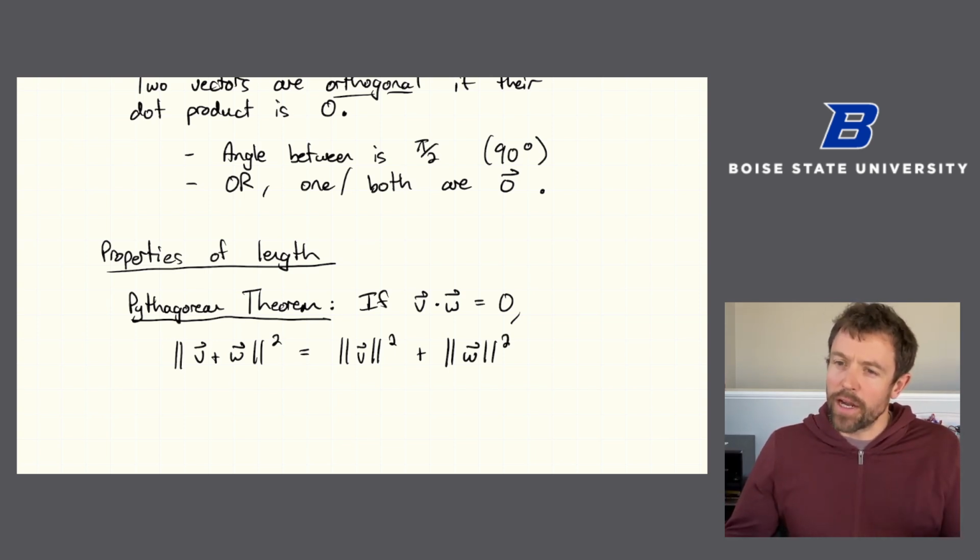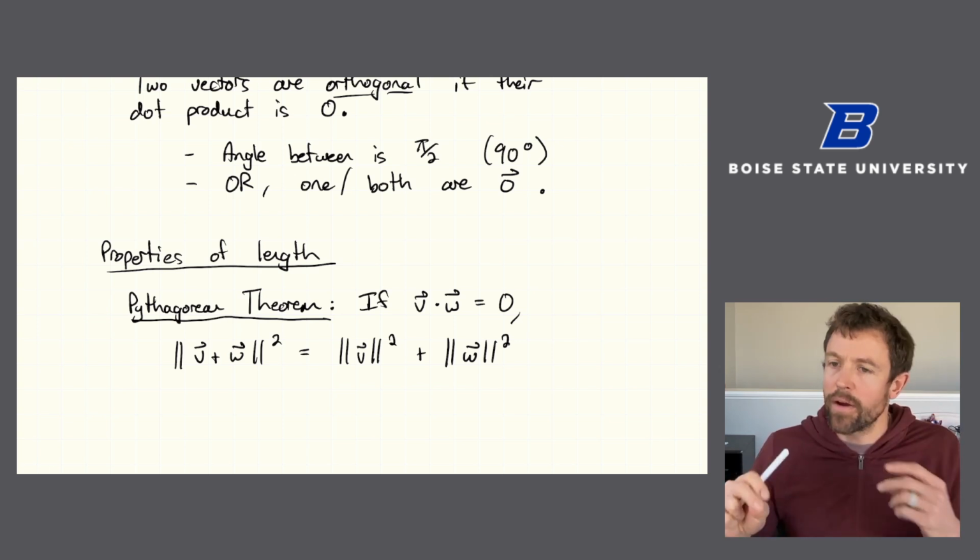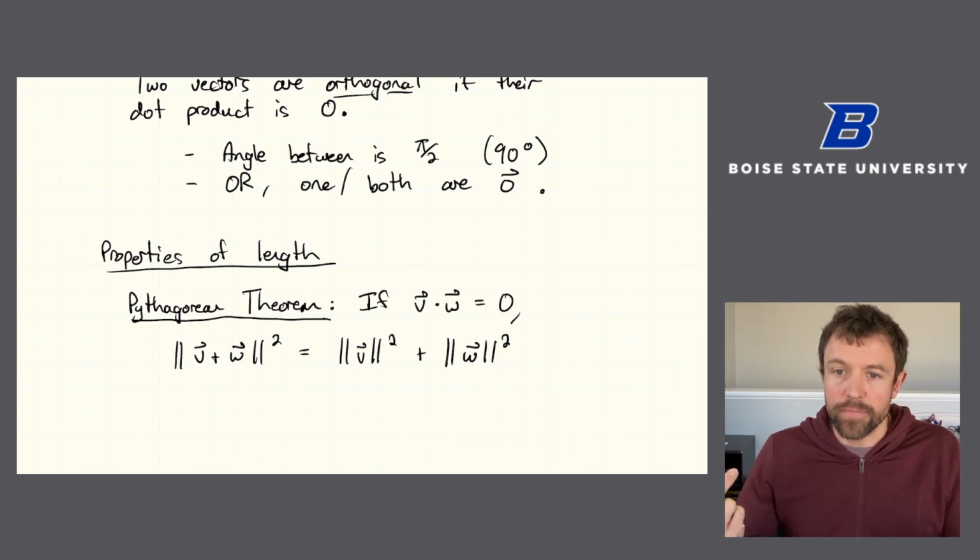Basically, we're saying if we have a right triangle, we can find the length of the hypotenuse by squaring the lengths of the two legs, adding them, and taking the square root.